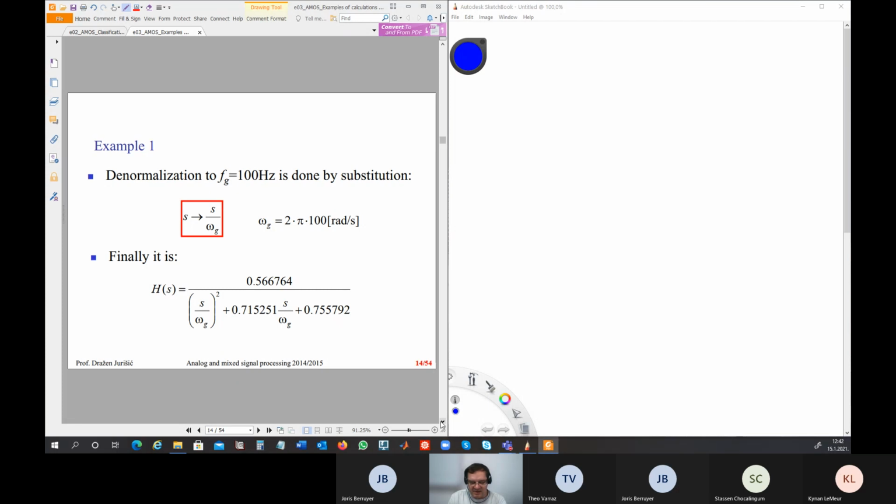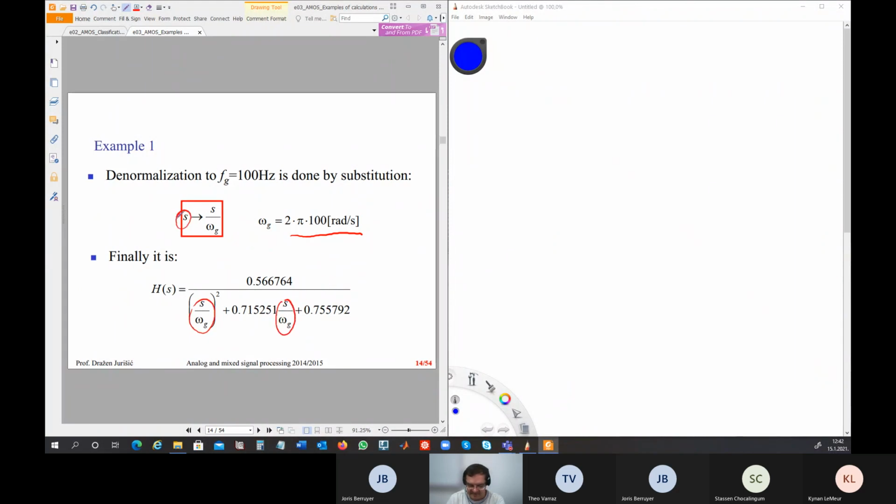Now we want to make denormalization to 100 Hertz. If this denormalization is properly done, then you use the following frequency transformation. We were talking already about frequency transformation: S over omega g, where omega g is given to be 100. And then you go into your normalized transfer function, and instead of S, you put this.